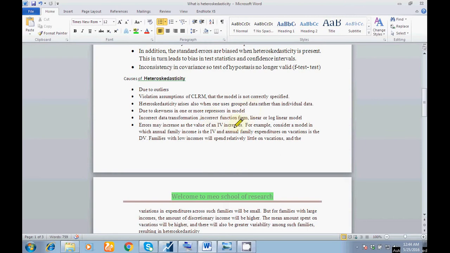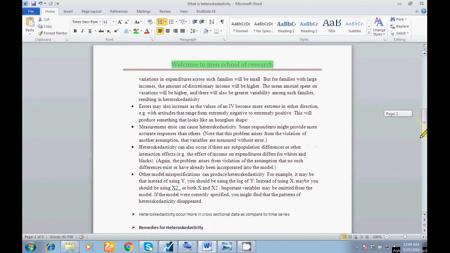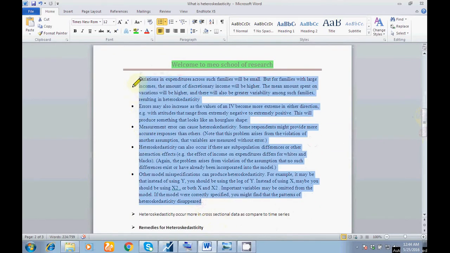Another reason: if the value of an independent variable increases, the heteroskedasticity problem may also arise. I have these reasons, plus other reasons with examples, so I suggest you read them yourself and you may get a better idea.